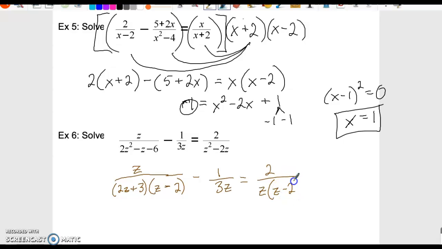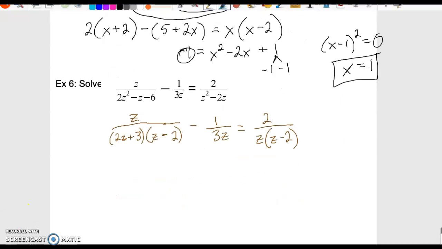Oh man, the least common multiple here is pretty ugly still. Well, let me just show you another way I would do the problem. The least common multiple throughout the entire problem would be a 3, a z, a 2z plus 3, and a z minus 2.